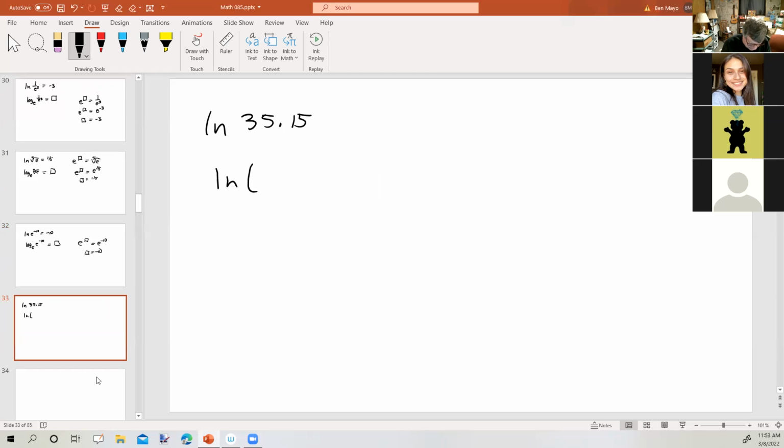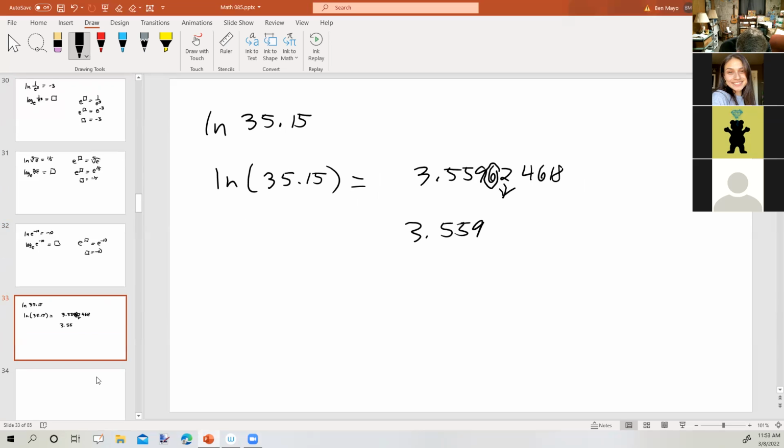Then I put in 35.15, close it up and push equals, and I get 3.559624618, but it said round to 4 decimal places. The 2 would round down, so 3.5596 would be the approximate answer.